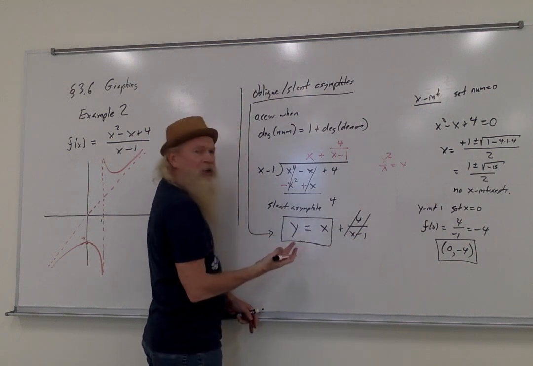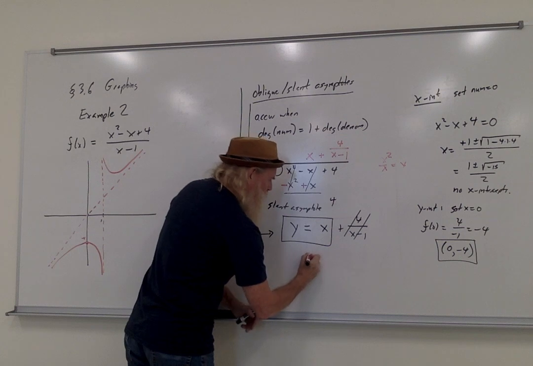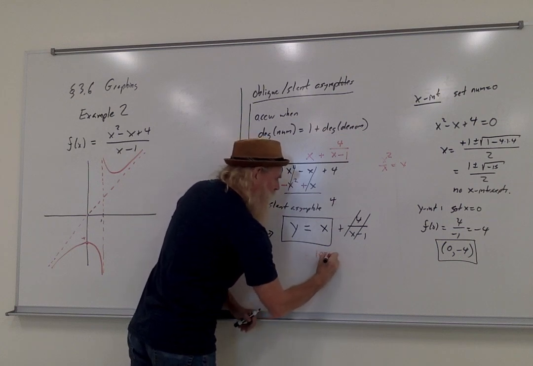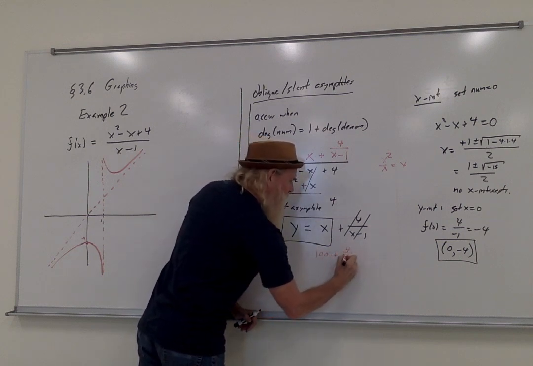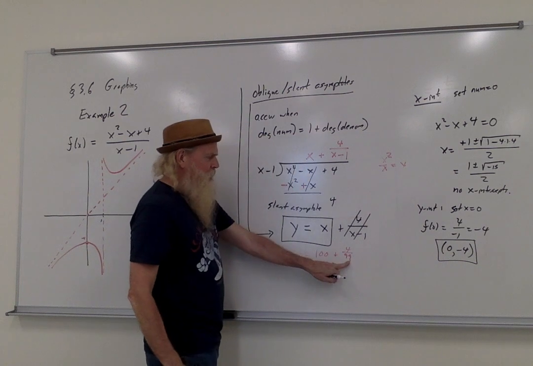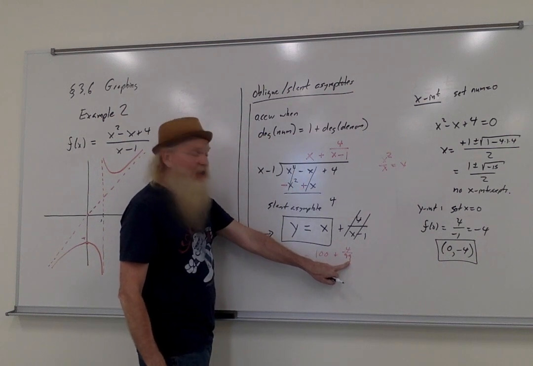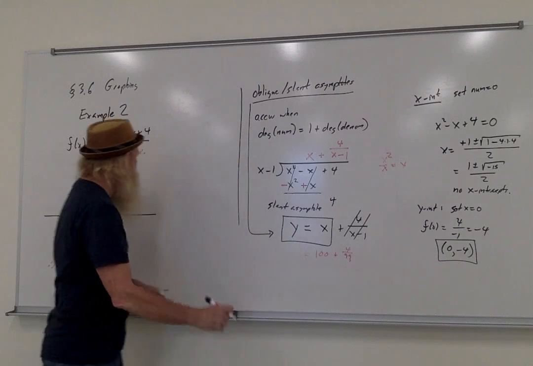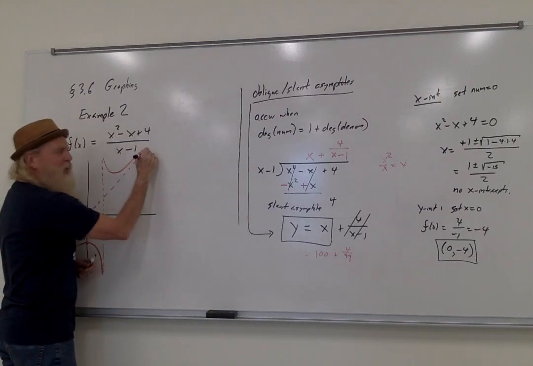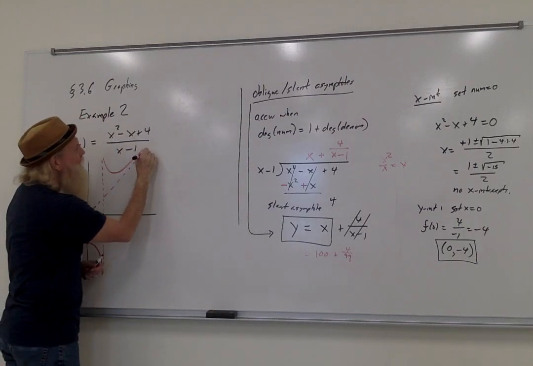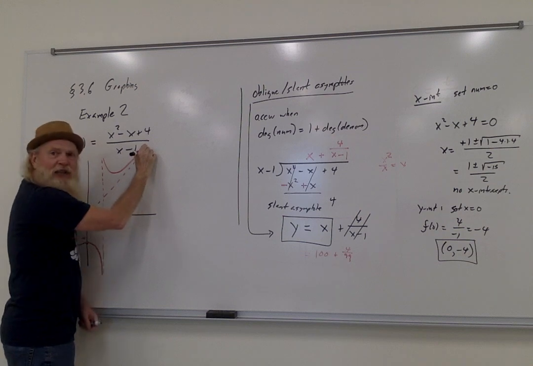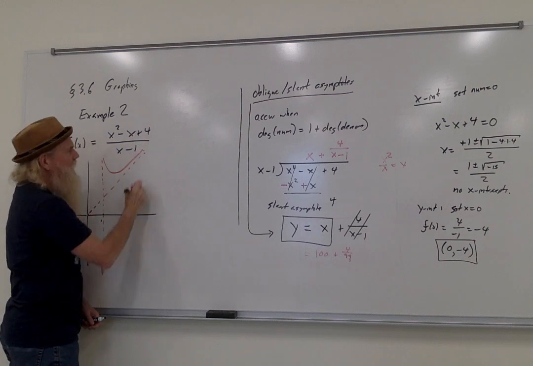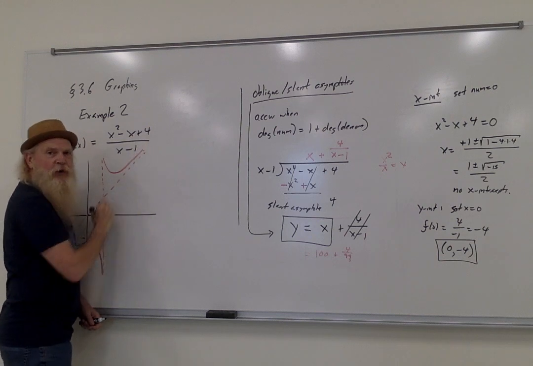So for example, if I plug in 100, then the y-coordinate is going to be 100 and 4/99. So notice that 4/99 is really small compared to the 100. So if I look at the graph, here's going to be the 100, and then 4/99 is going to place the graph just a little bit above that. So the graph is going to be just above y equals x. And the larger that x gets, the closer the graph is going to get to that asymptote.